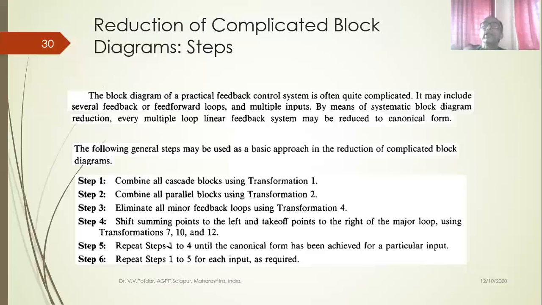Multiple input, single output is called MISO. A multiple input, single output system can also be reduced using the rules of block diagram algebra. For that, repeat steps 1 to 5 for each input as required, and then the outputs we get for different inputs can be added together using the principle of superposition. That will be clarified by taking appropriate examples.